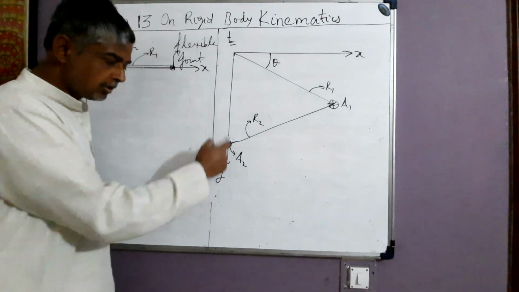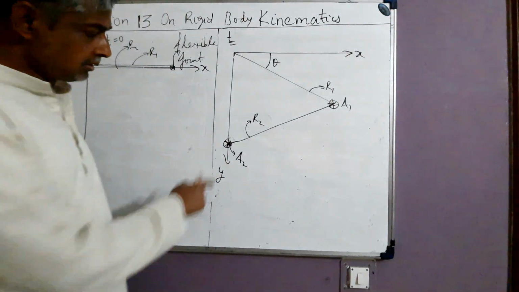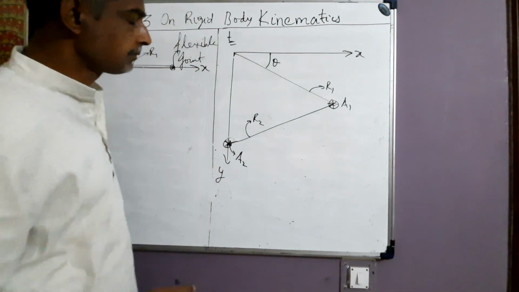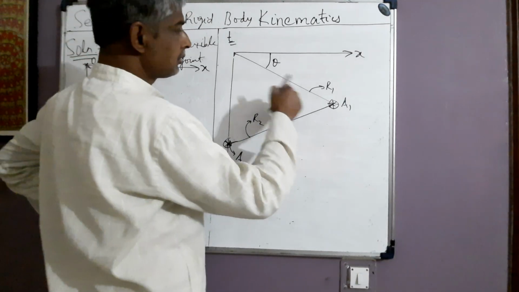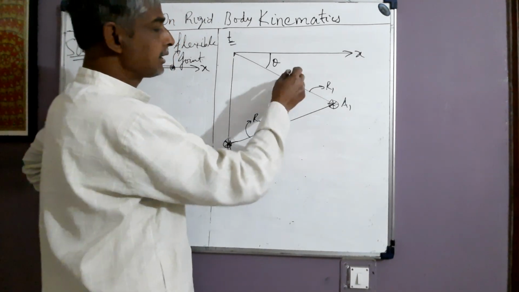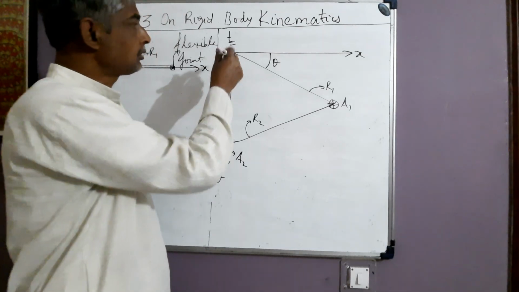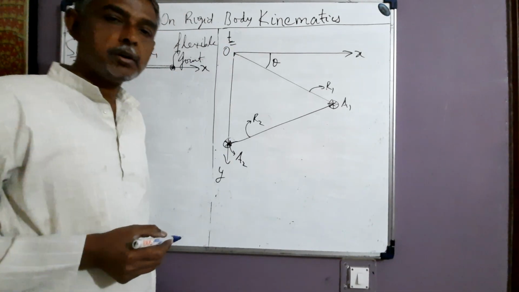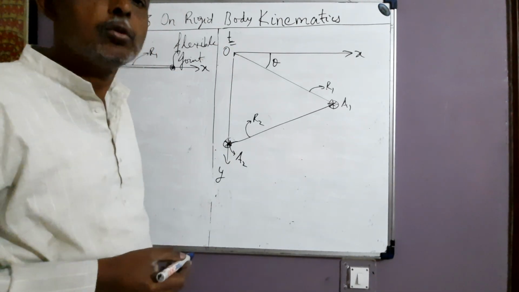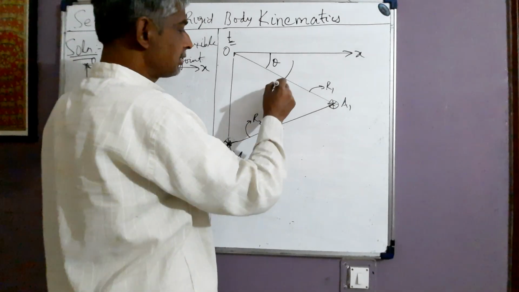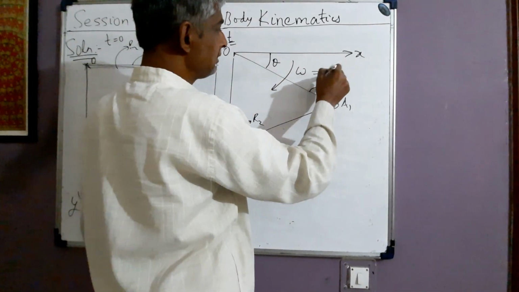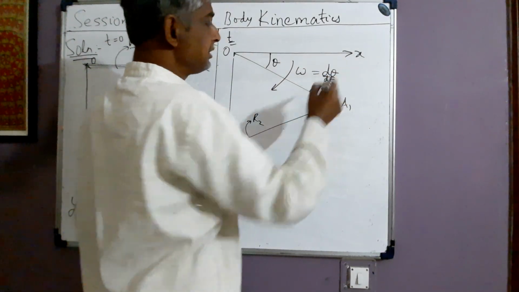R2 is constrained to move along the y-axis. Its left end is A2. Okay. Now one more thing. Rod R1 has turned through an angle theta. It is undergoing pure rotation about the origin O. So rod R1 has acquired some angular velocity omega, d theta by dt.